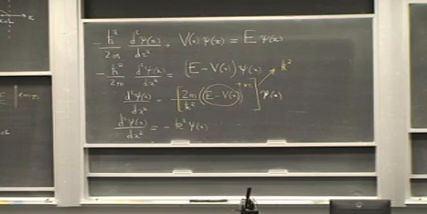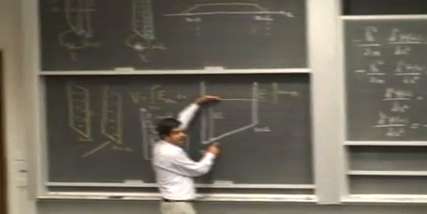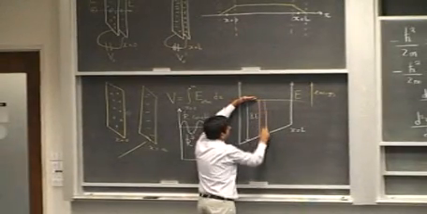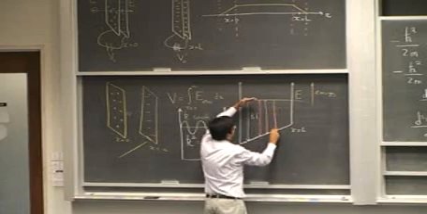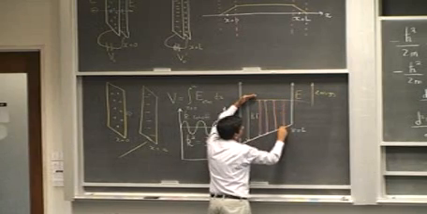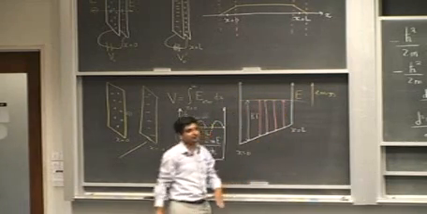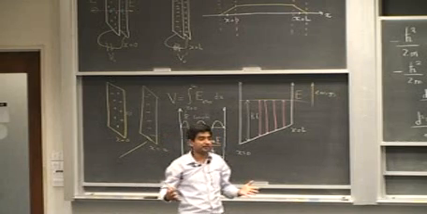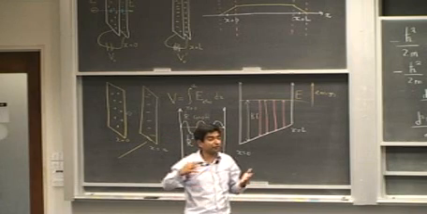As you go from the left to the right, this difference becomes smaller, even smaller, and so on. So your k is decreasing. So what's happening to the wavelength? The wavelength is actually going up.